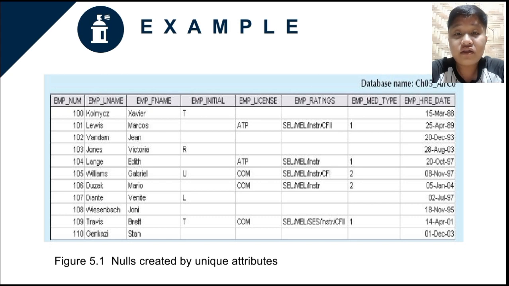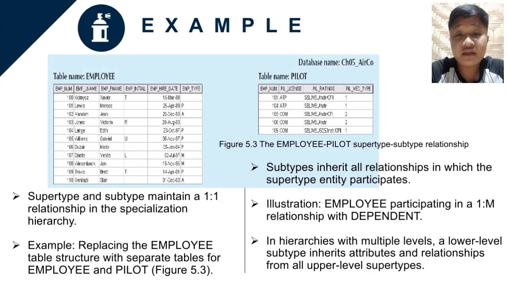The image illustrates the concept of specialization hierarchy in database design. It demonstrates how different types of employees such as pilots, mechanics, and accountants can be categorized based on their specific attributes and job roles.